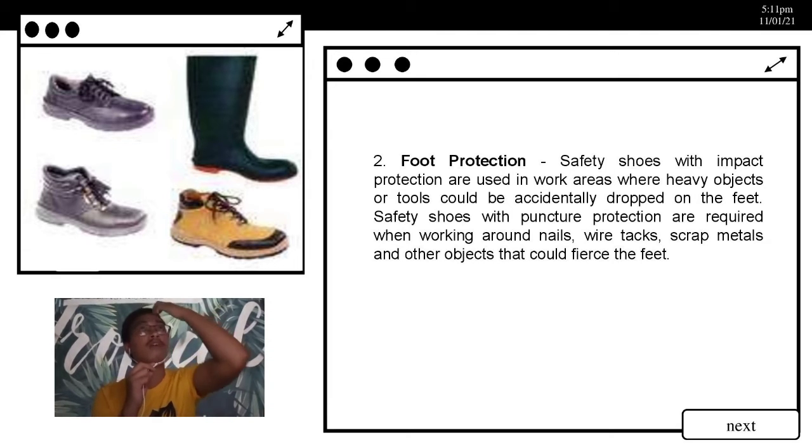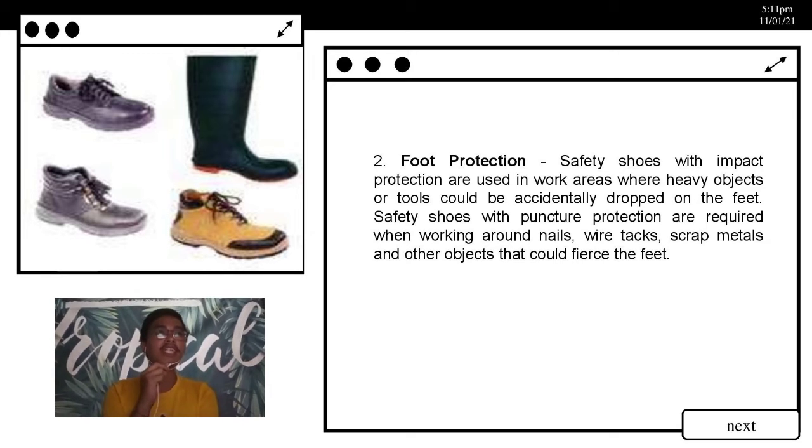This will also protect you if the workplace floor is wet and there are high possibilities of electrical shocks.